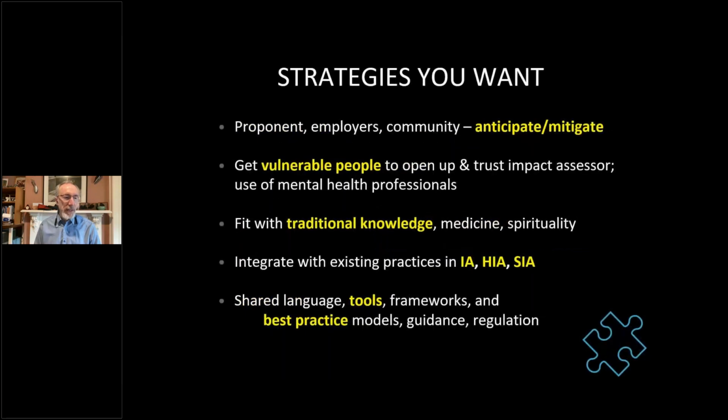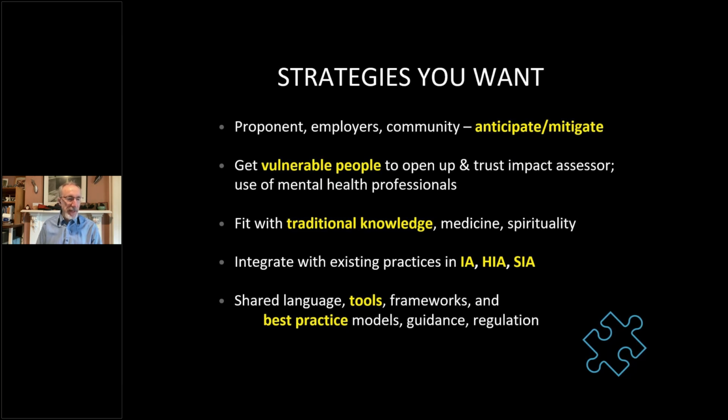The strategies you'd like to learn are how, as a proponent or an employer or a community, can you anticipate and mitigate psychosocial impact? As an impact assessor, how do you get vulnerable people to open up and trust you? And how do you best use mental health professionals in assessing psychosocial impact?